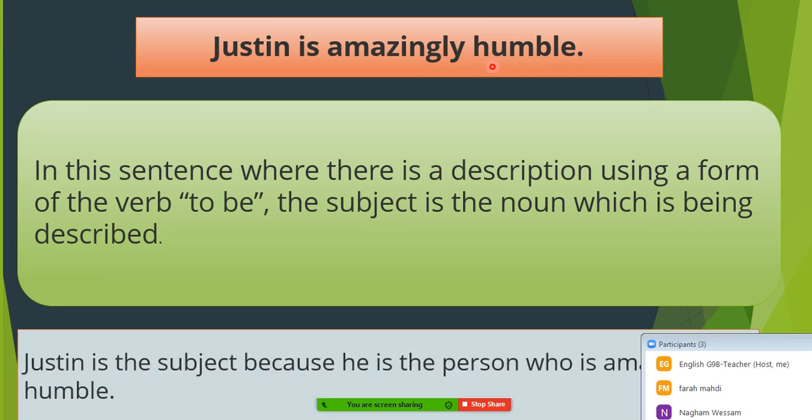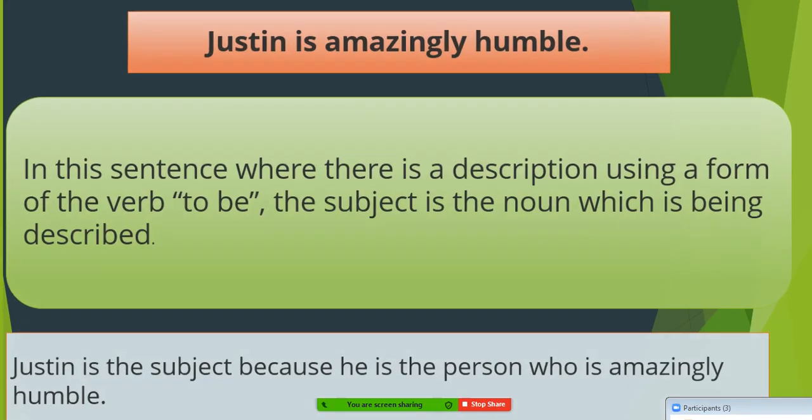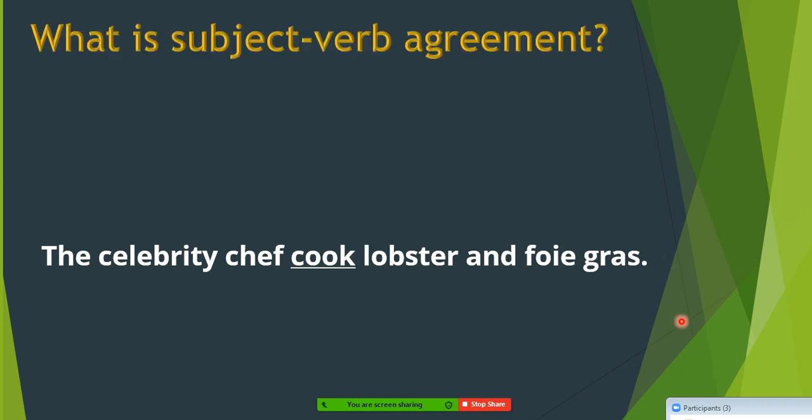Here I have what is called a descriptive sentence, because I'm describing something. What I'm describing is the subject. Who is the subject here? Justin, the one who is amazingly humble. So sometimes you may find the subject is making an action, and sometimes you may find the subject is the thing or the one who is described in a sentence.